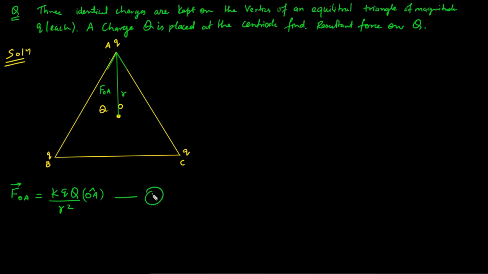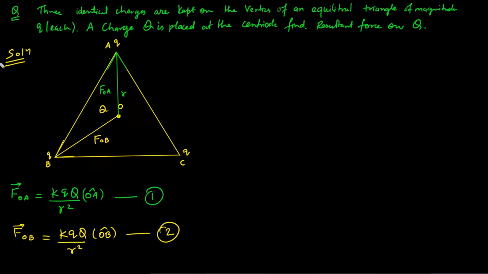Now what is the direction of force on capital Q because of the charge at B? Towards B, O to B. This is F OB, which will be k q Q upon R square, then OB cap.